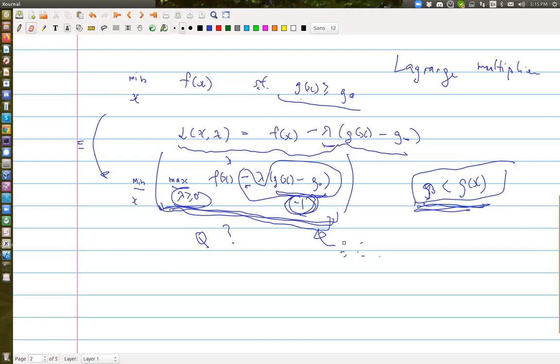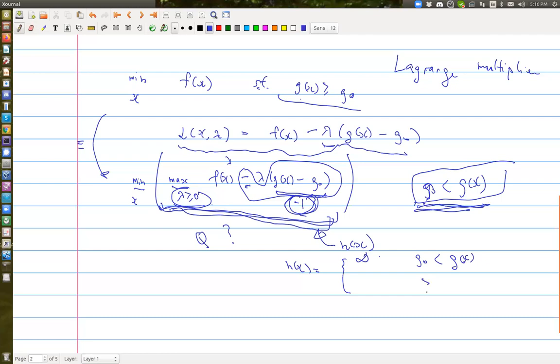Oh, no, I already use f, I'm sorry. Maybe I call this hx. You can see that hx is actually equal to infinity when g0 is less than gx, right?